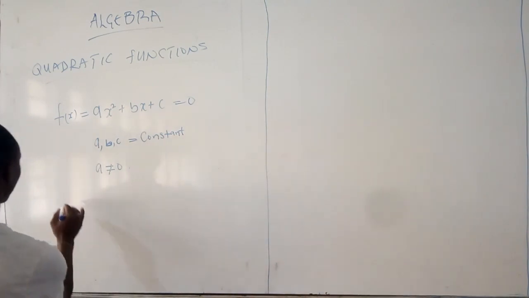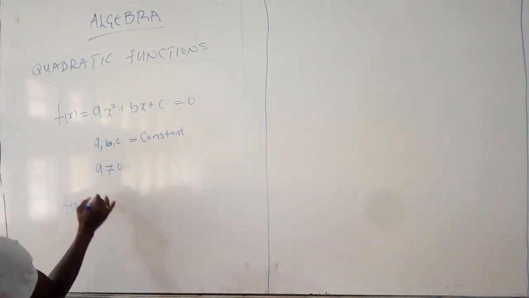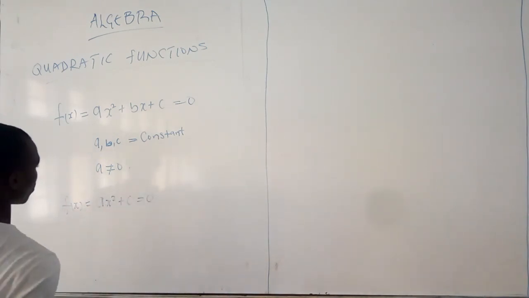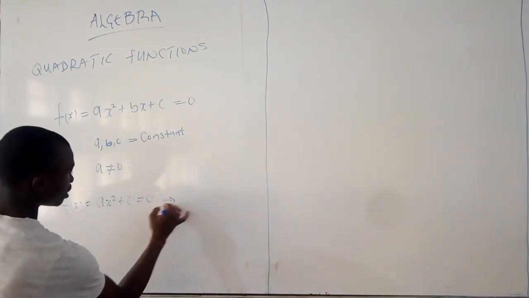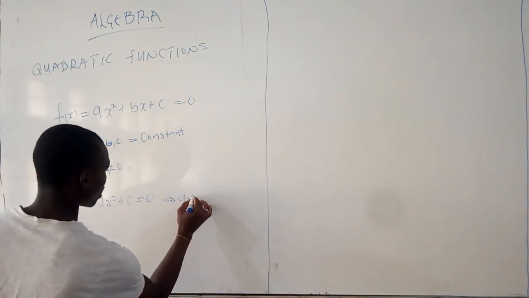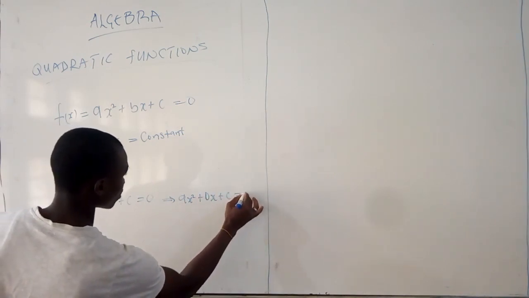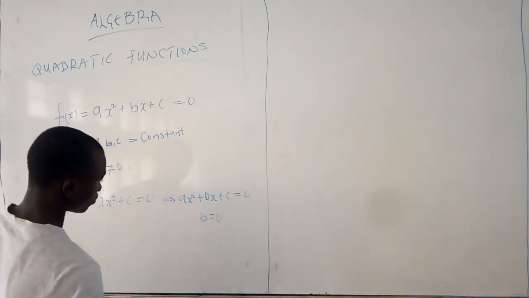For example, if I take, let's say, f of x is equal to ax squared plus c is equal to 0. Here, clearly, it can be written in this form: ax squared plus 0x plus c is equal to 0, whereby your b is equal to 0.